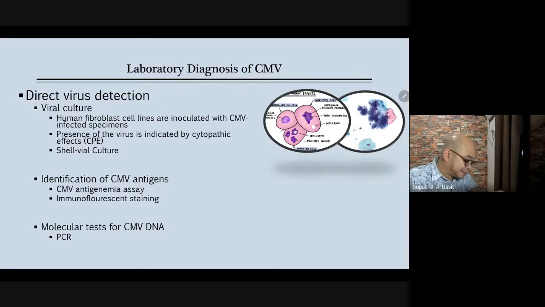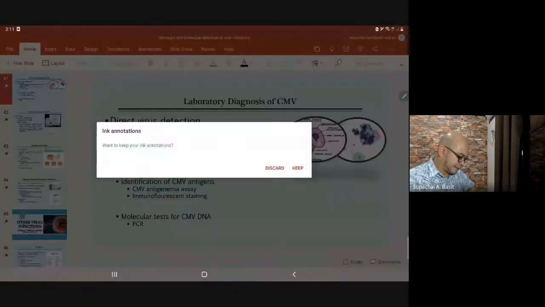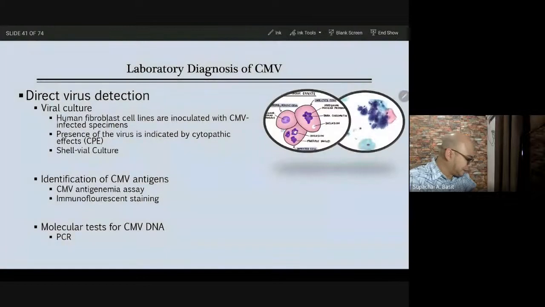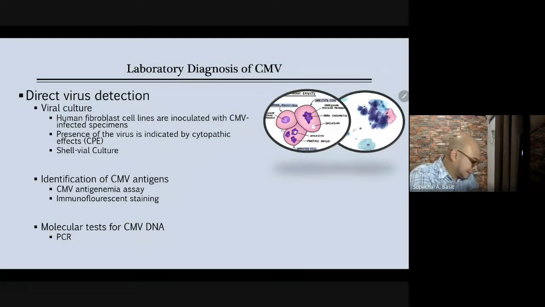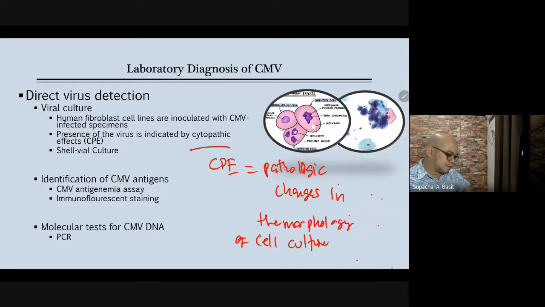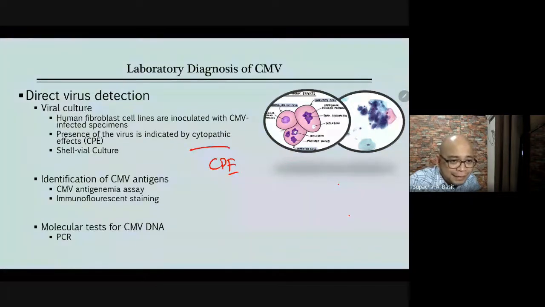The cytopathic effects are the pathologic changes in the morphology of the cell culture. So that's what we meant by CPE.